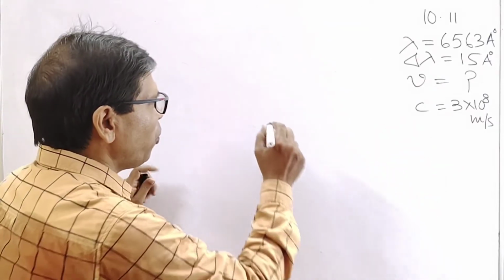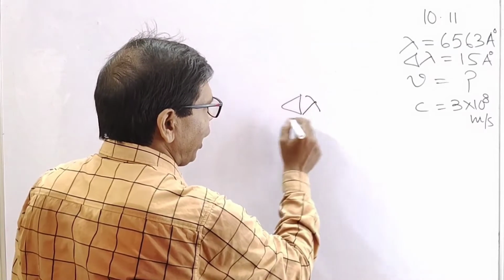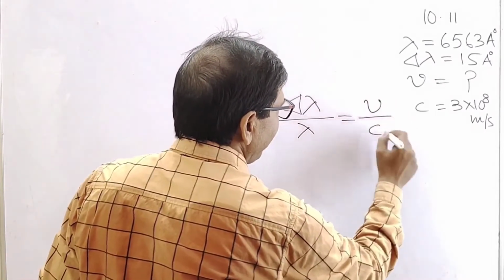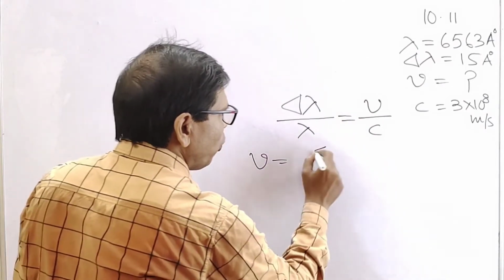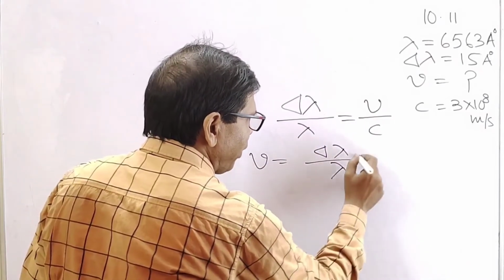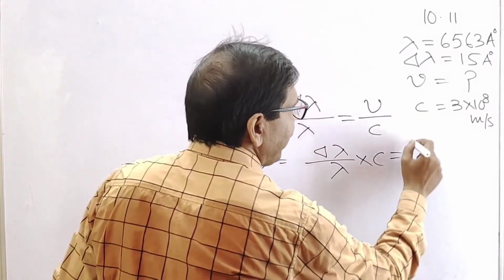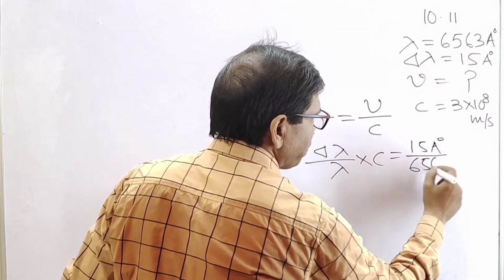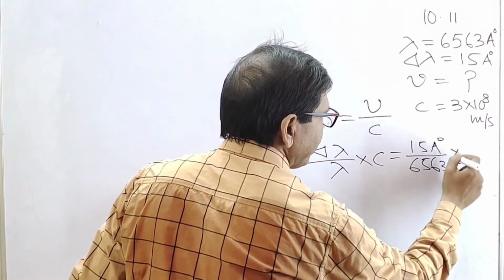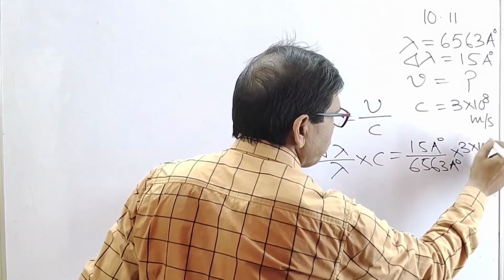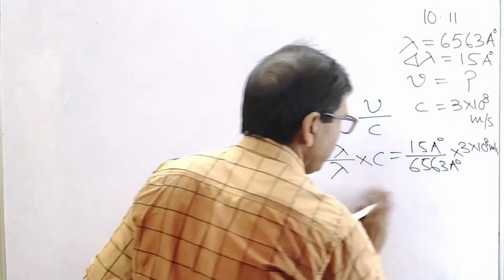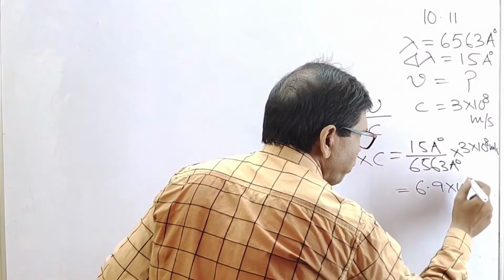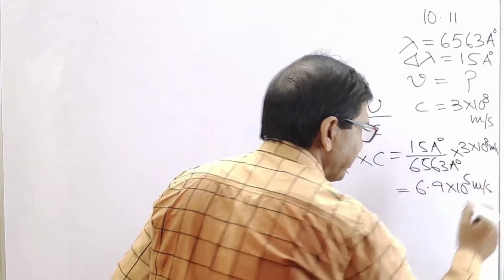Look at this, we know the red shift delta lambda by lambda is equal to V by C. So V equals delta lambda by lambda into C. Now delta lambda is 15 angstrom, this is 6563 angstrom, and this is 3 into 10 to the power 8 meter per second. Now this becomes 6.9 into 10 to the power 5 meter per second.